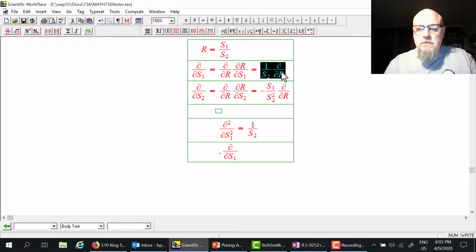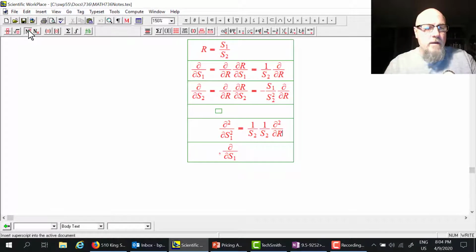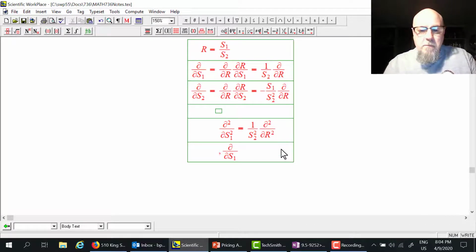So this one's a constant, this one comes from my rule, and I'm differentiating with respect to R again. So it's already been differentiated with respect to R once, now it's differentiated with respect to R twice, and I guess 1 over S, we can make that a 1 over S squared. So here's our second derivative then, S1,S1.